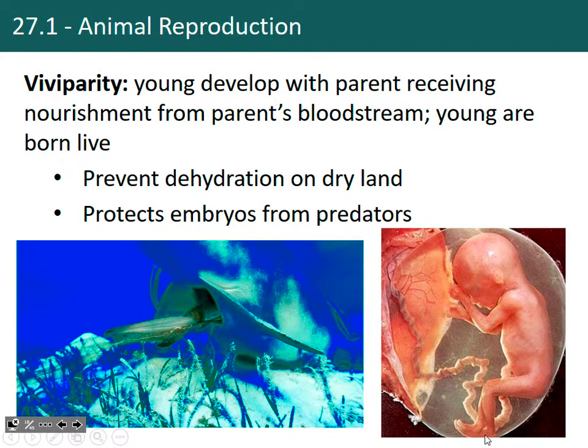So viviparity, or being viviparous, is when young develop within the parent, receiving nourishment directly from the parent's bloodstream. Most mammals are viviparous, though not all, like the duck-billed platypus and anteater.